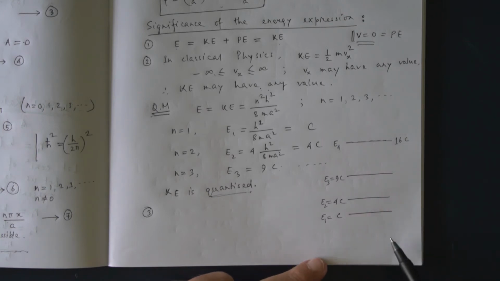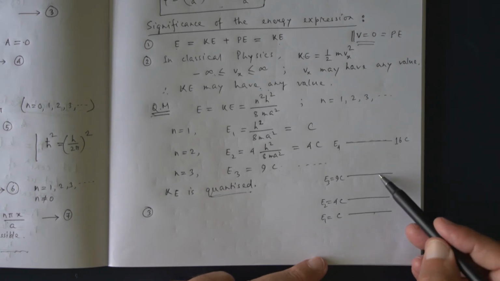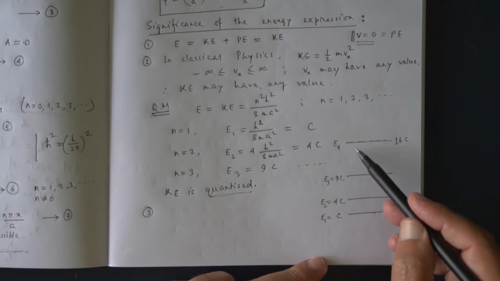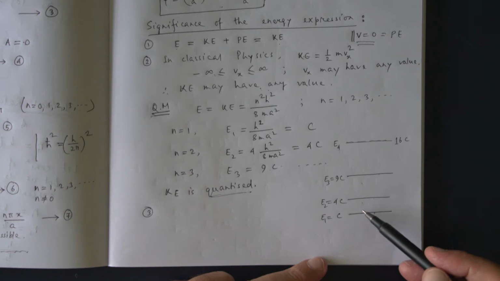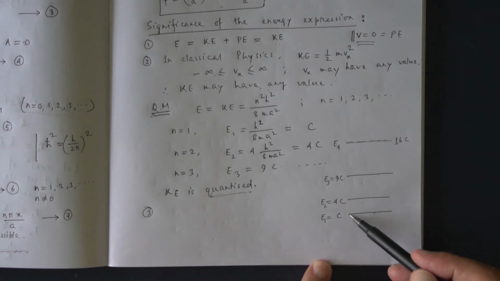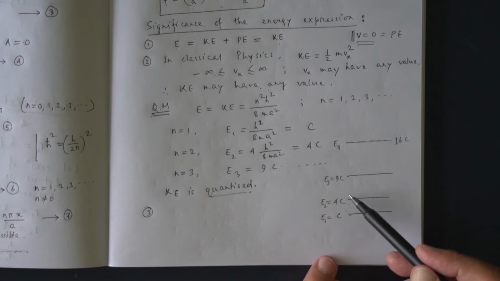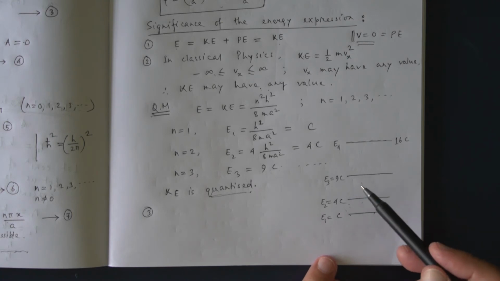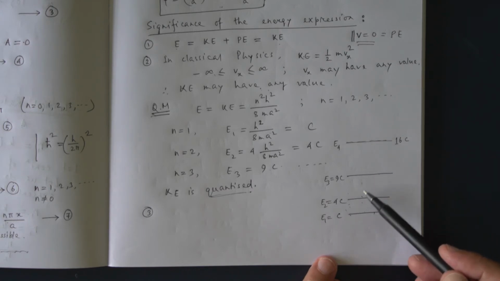That means the particle may have kinetic energy this or this or this or this, but in between energy is not possible. The particle cannot have kinetic energy 2C, 3C, 1.5C, 1.1C, or 5C, 6C, 7C, 8C. The particle can have kinetic energy this, not in between.